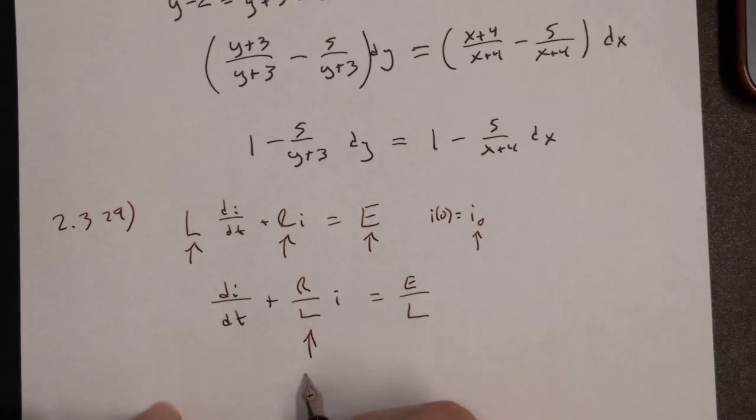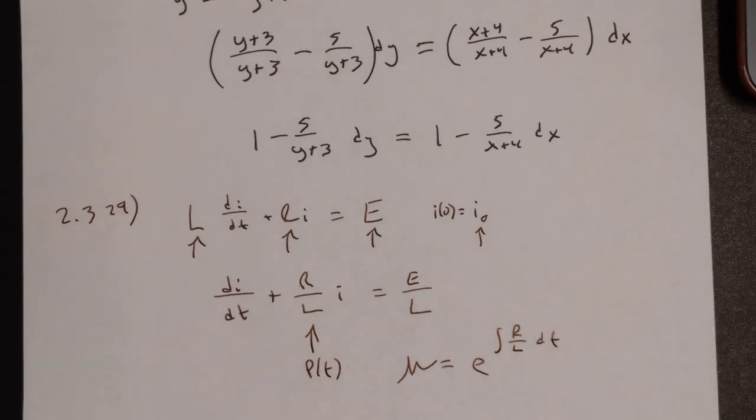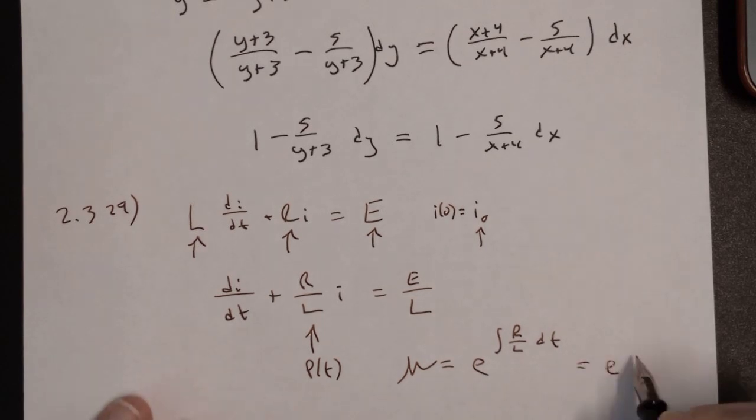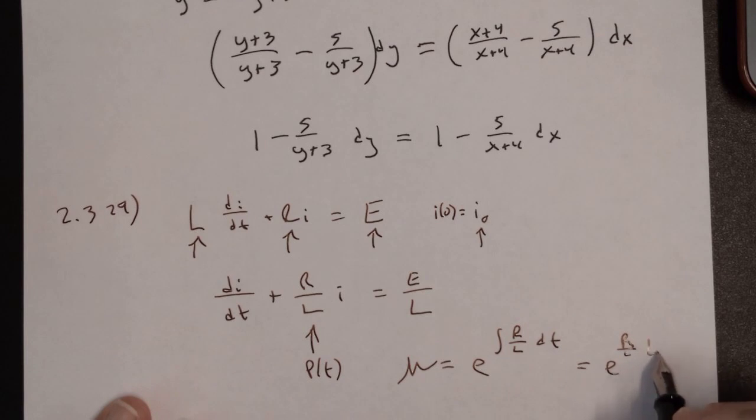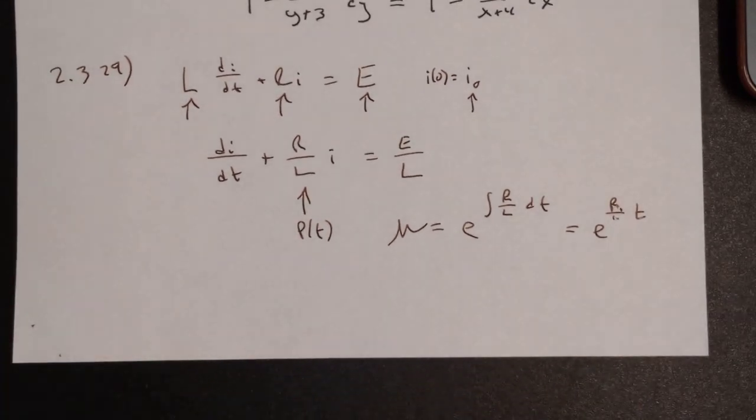So that's where I get my integrating factor from. The integrating factor is e to the integral of that thing. But that thing is a number. What's the integral of a number? Number times variable, right? So it'll be R over L times t. So I multiply that through everywhere.